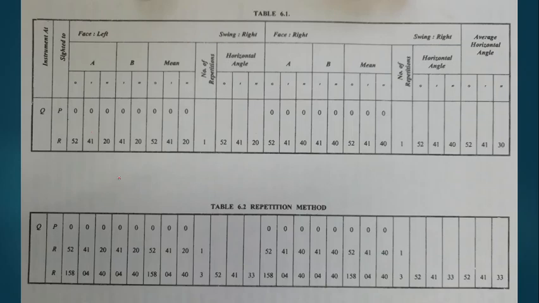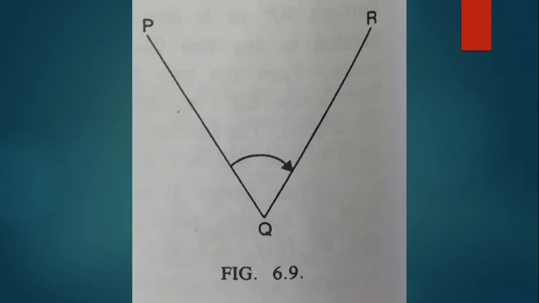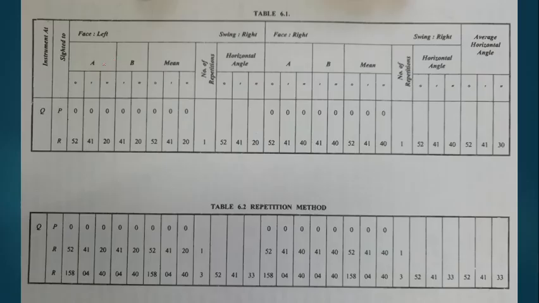Then if you go to the previous diagram, let us say we have directed our telescope from QP to QR. Now when you observe vernier A, the main scale reading will be 52 degrees 41 minutes.